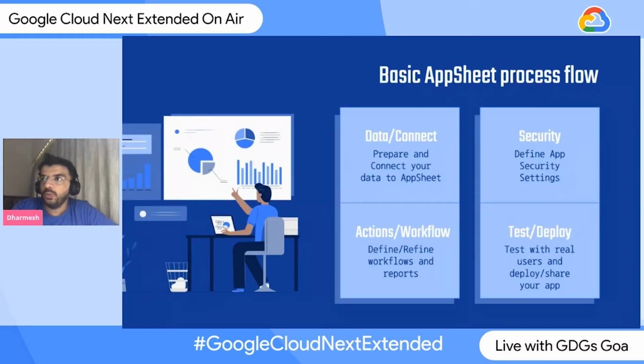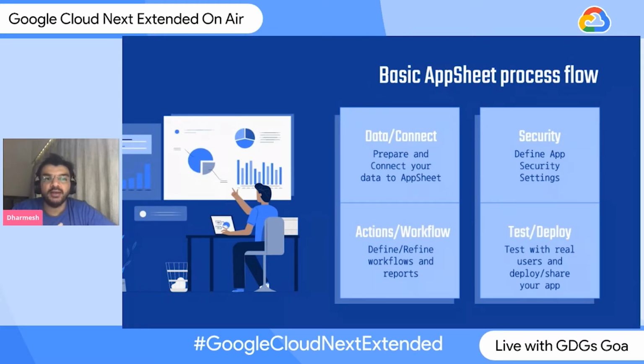So what basically do you need to do in terms of the process flow? As I mentioned, in that 3-step process, it's basically just some more additional steps when you start building an application. So first and foremost, you need to have your data set ready.